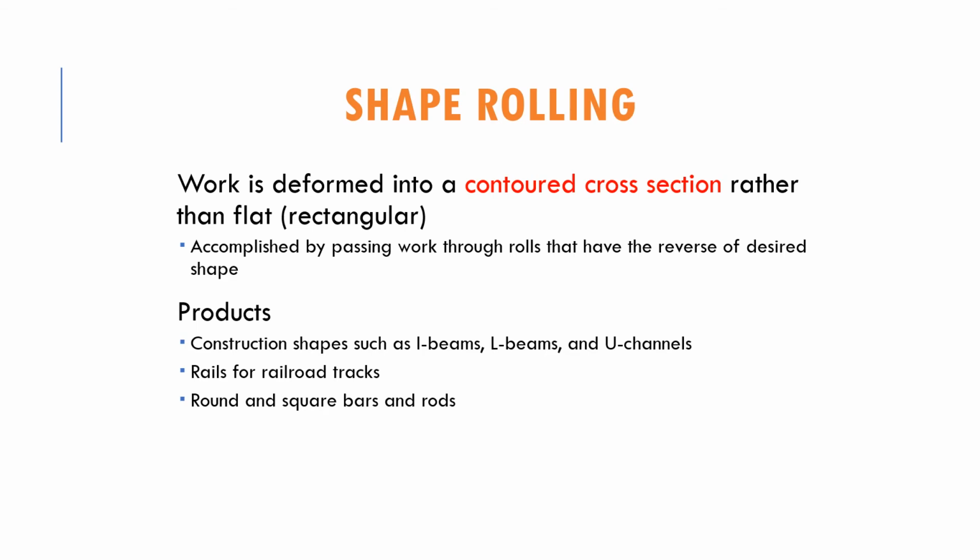The products usually created using shape rolling are like I-beam, L-beam, U-channel, rail for railway track, and also round and square bar rods that I've shown in the previous slide.